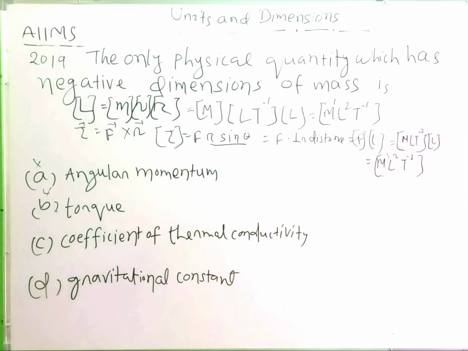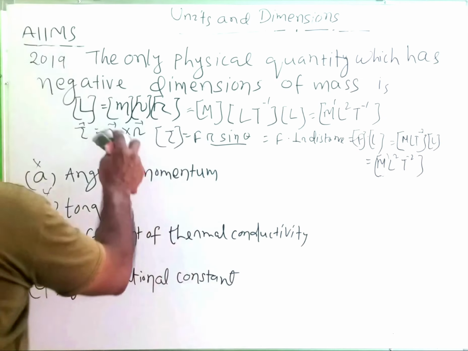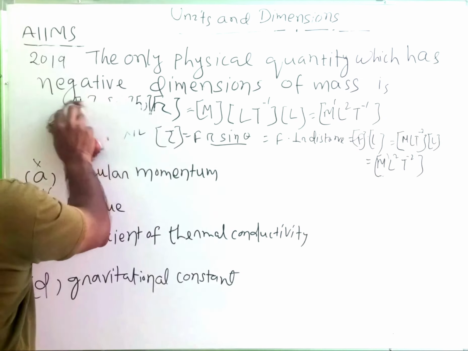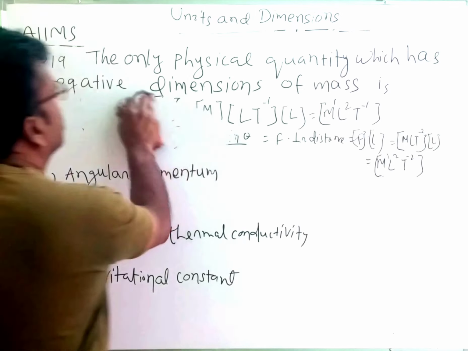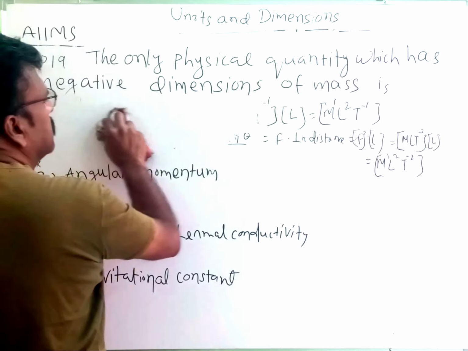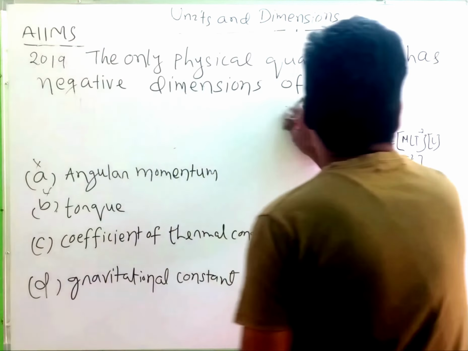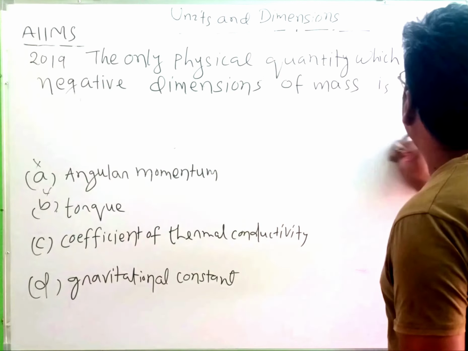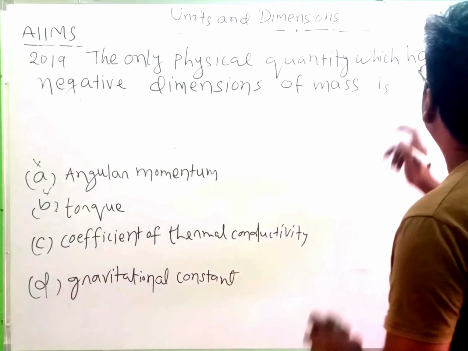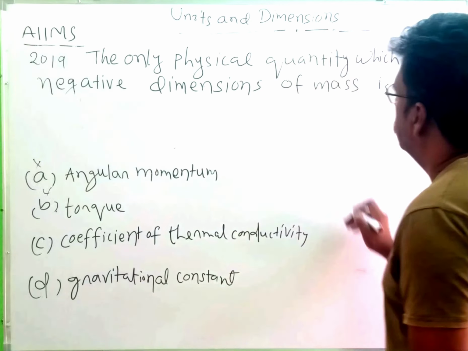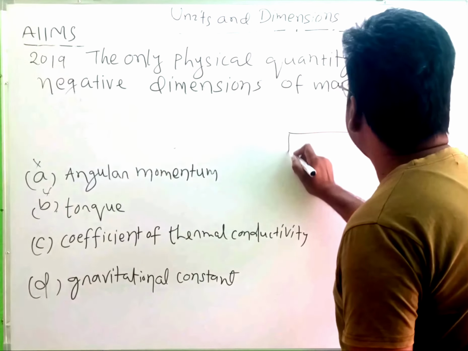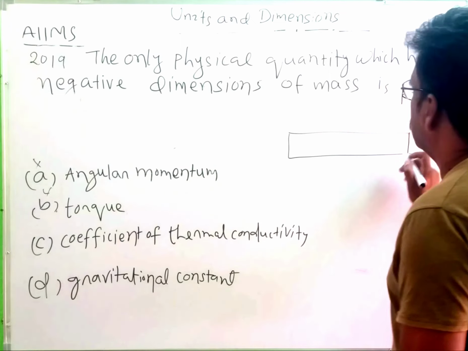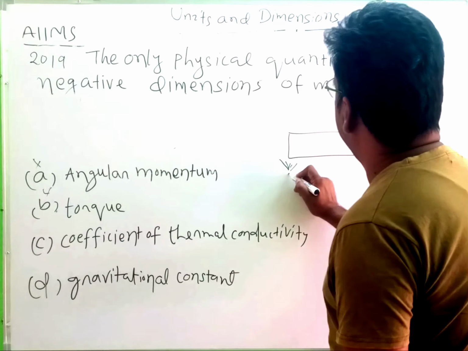Okay, then let us see what is the coefficient of thermal conductivity. You know student, the coefficient of thermal conductivity is denoted by K. And what is its formula? Suppose this is a thermal slab, and we are heating at this point.